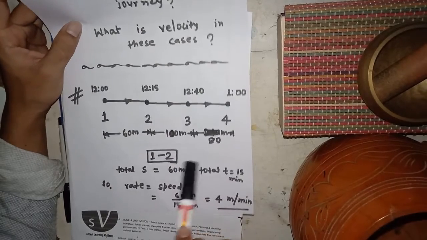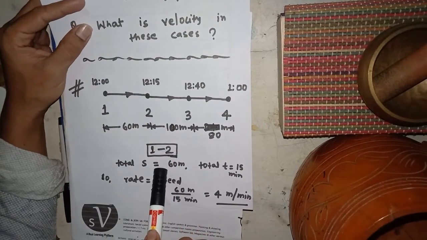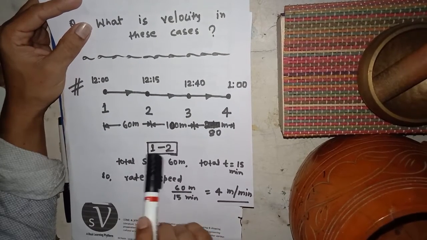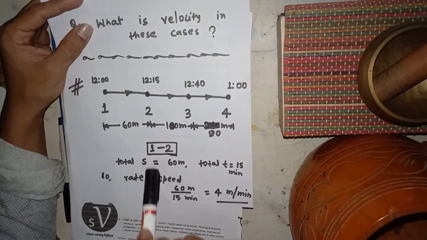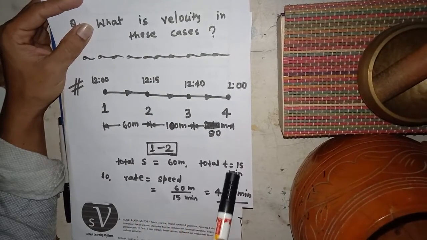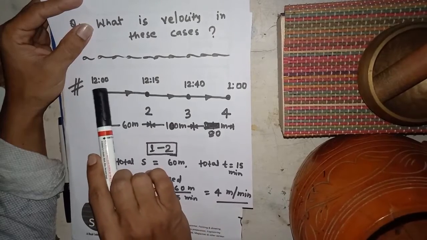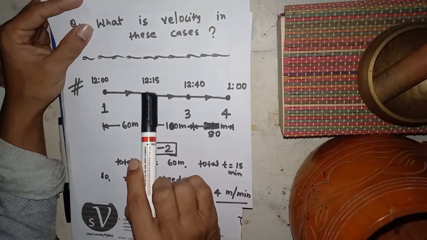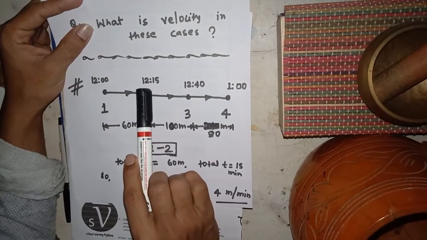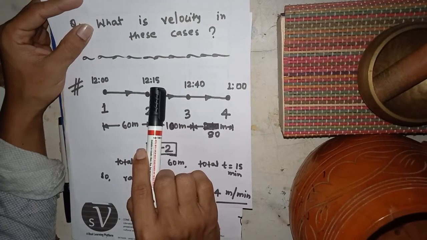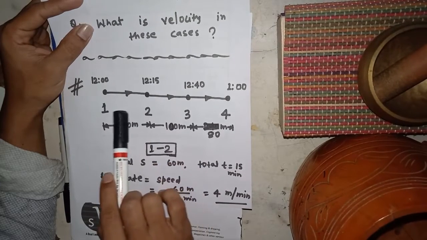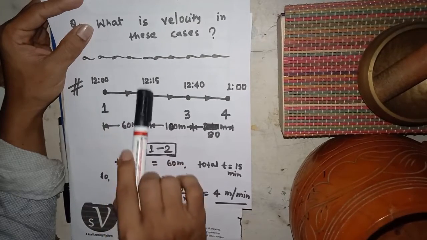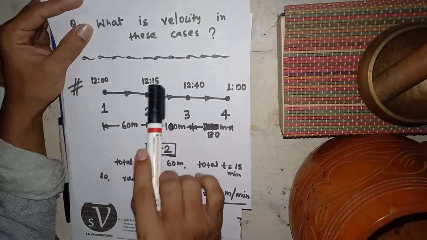From this observation, I can write what I get from this data. For 1 to 2, displacement is 60 meters and total time taken is 15 minutes. You can see here it starts from 12 o'clock and ends at 2 at 12:15. That means the time during this motion 1 to 2 must be 15 minutes.